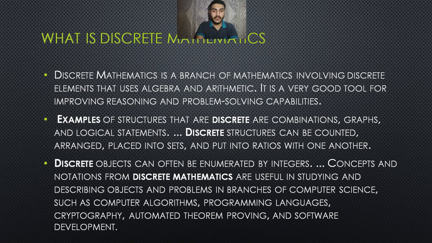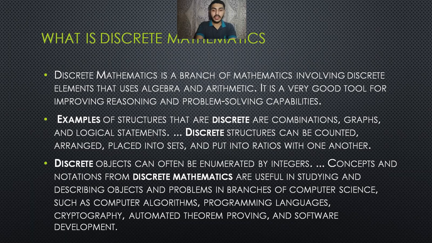Discrete structures can be counted, arranged, placed into sets, and put into ratios with one another. Discrete objects can often be enumerated by integers.